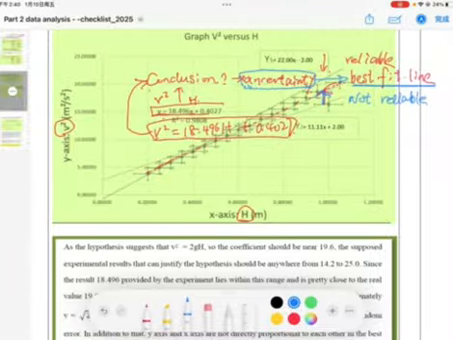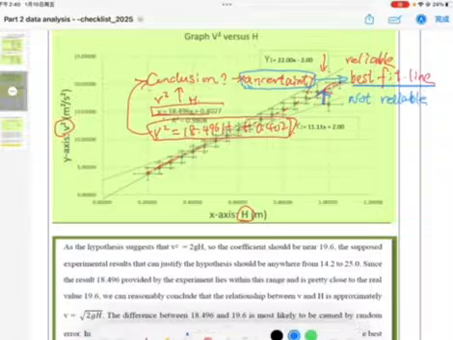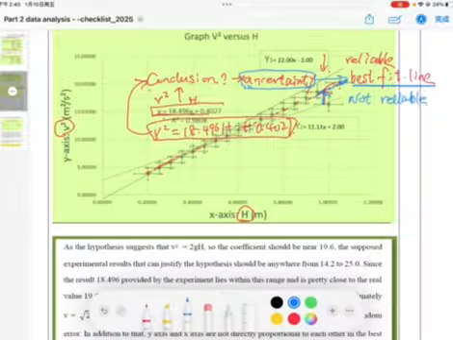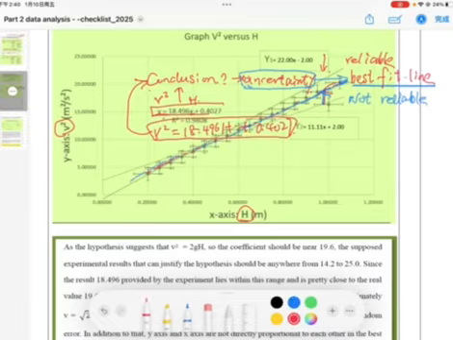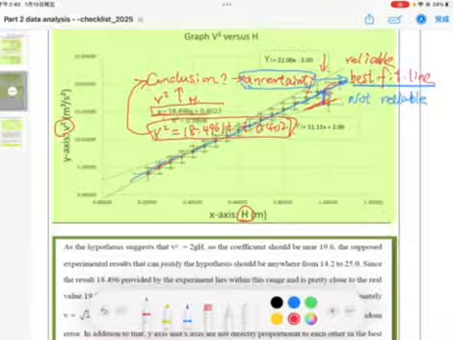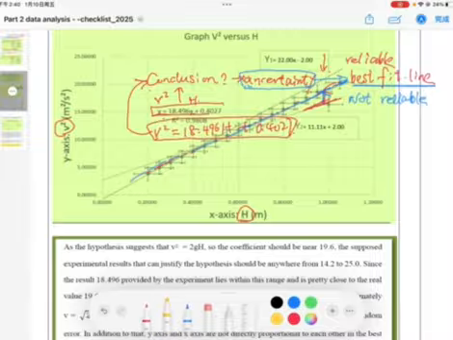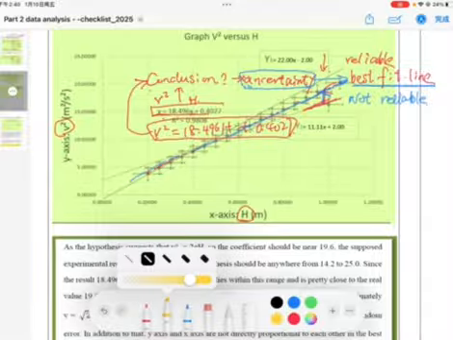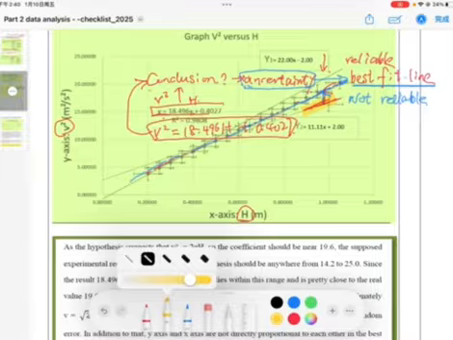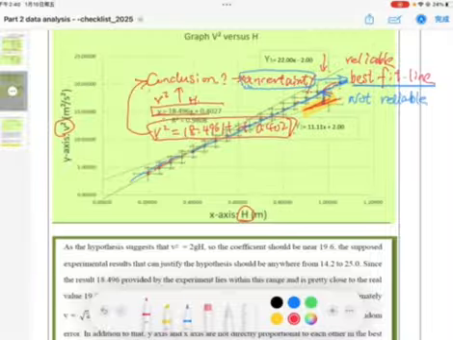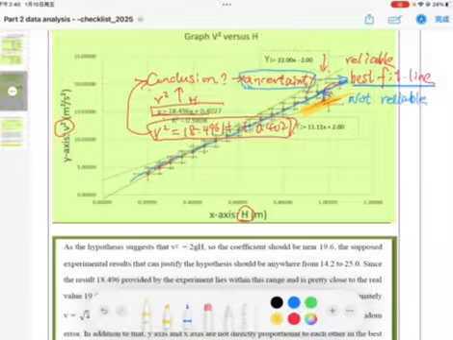If your best fit line is a straight line, and you believe this is the one that fits best, it will fluctuate between the minimum, I'm going to use the yellow color, and the maximum, right?